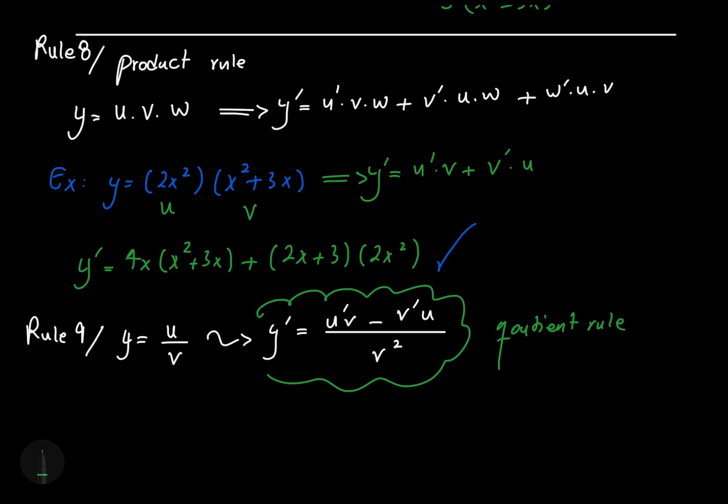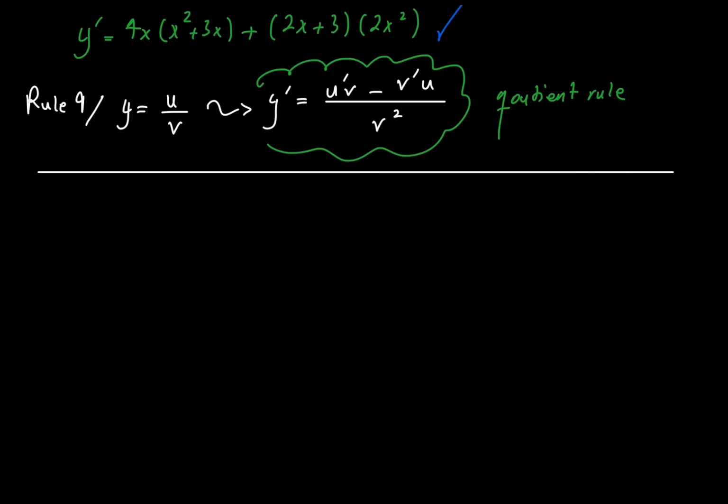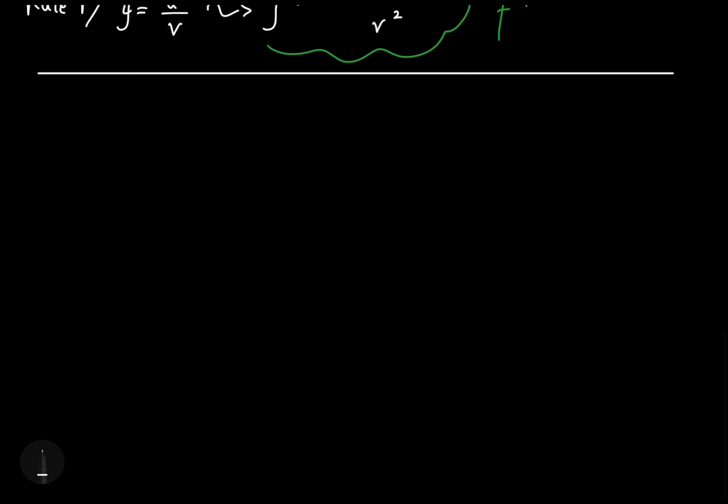It comes in handy in many scenarios, so knowing it and writing it down for yourself is very important. Now, let's go ahead and do a couple of examples based on the rules that we learned today. So let's say we're asked to find the derivative, specifically the first derivative. Later on, when we learn a little bit more about derivatives, you'll see that we have more than the first derivative.